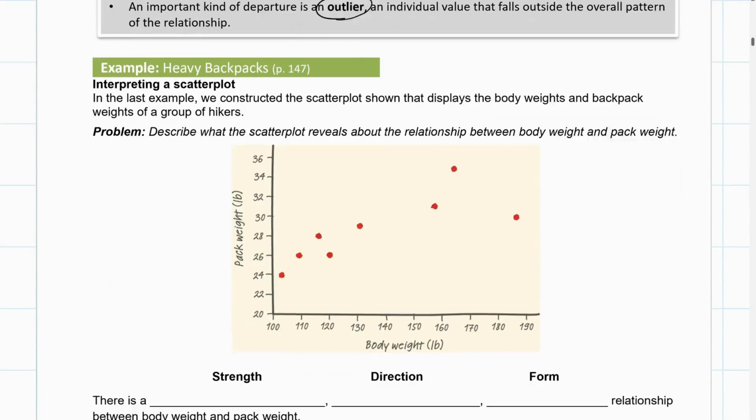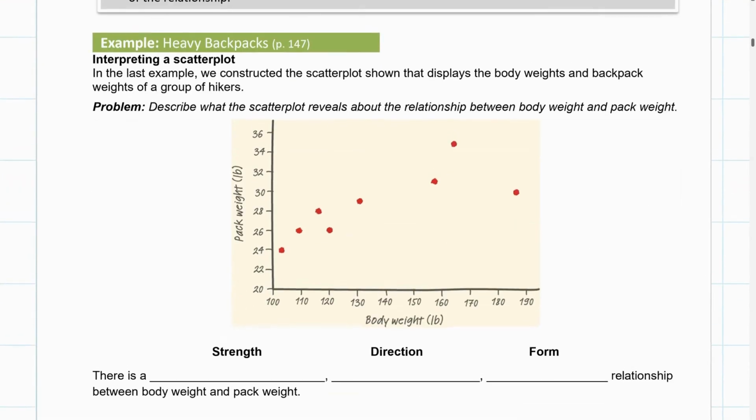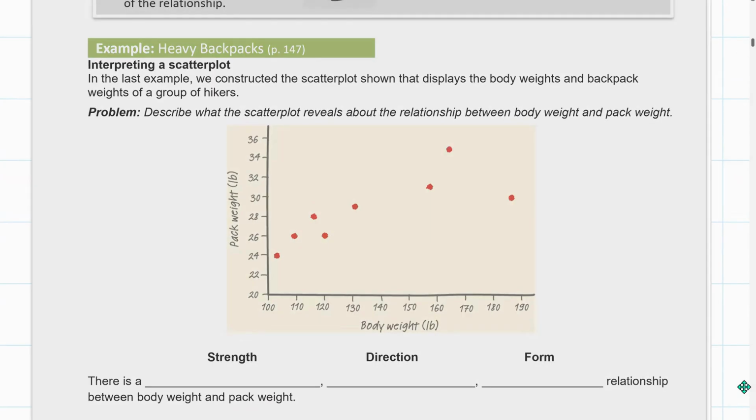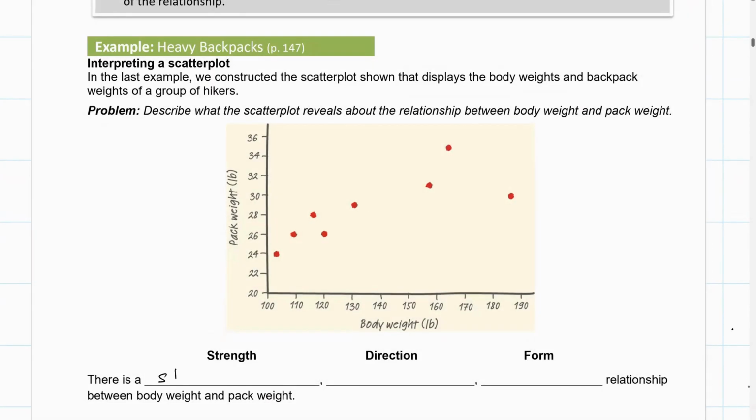Okay. So in the scatter plot that we just did, I would describe the relationship of body weight to backpack weight as strong. And what does that mean? It means that the relationship seems to be pretty consistent. The direction, I would call it positive. Why would I call it positive? Because in general, as we go from left to right, the trend of that data is going upward. The form, I would say, is linear.